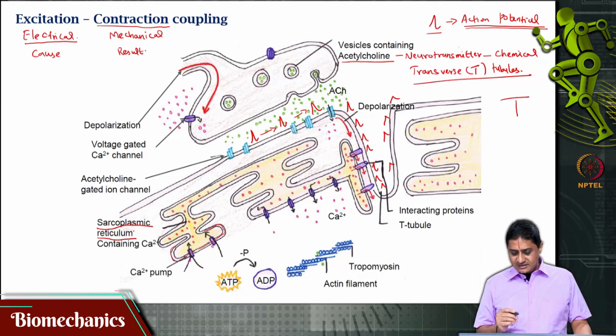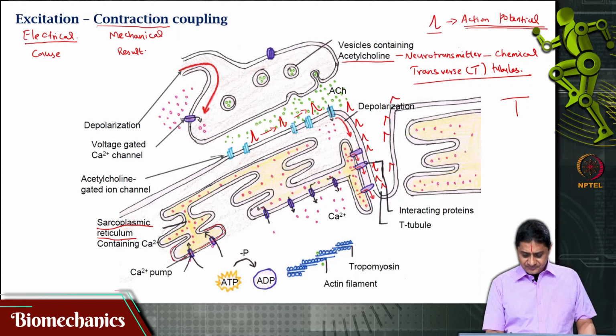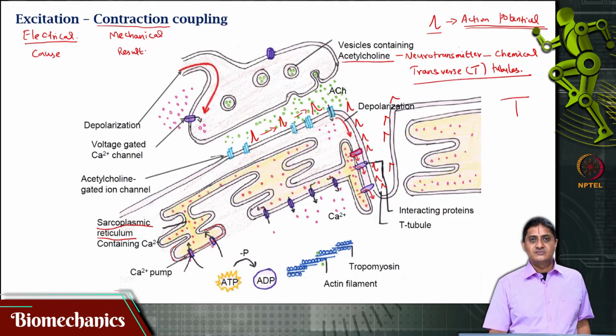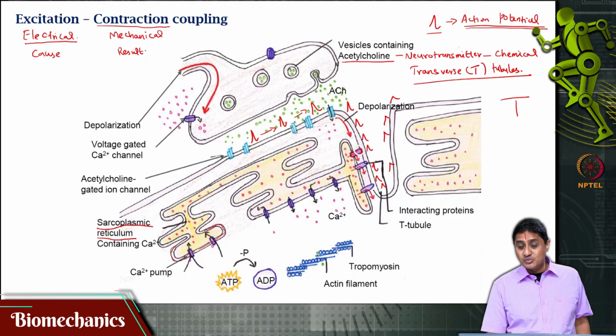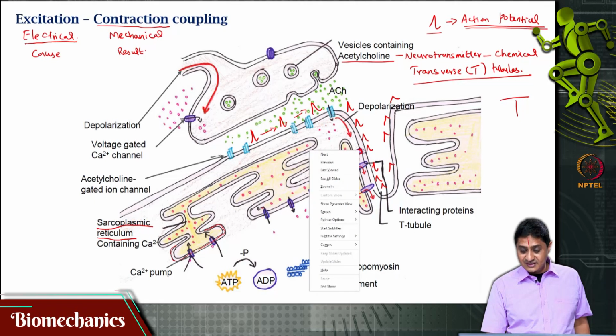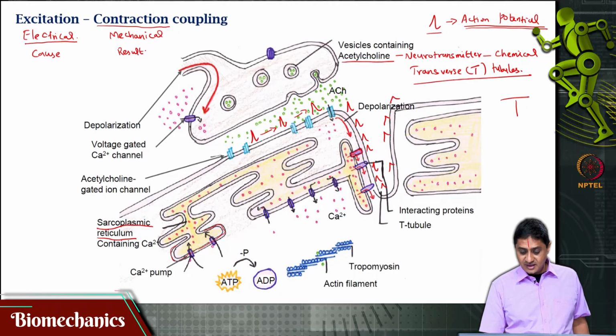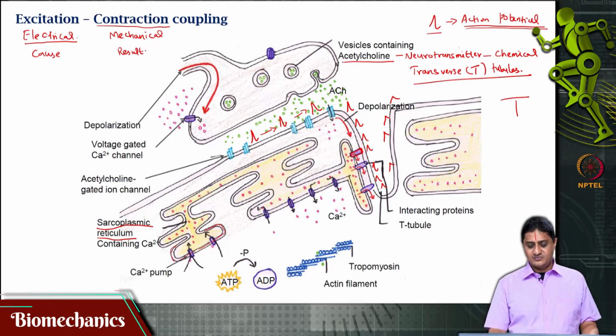It turns out that this sarcoplasmic reticulum has some channels that are attached on two sides, one on the sarcoplasmic reticulum itself and, because the T tubule is very close, the other end of this channel is attached to the T tubule.